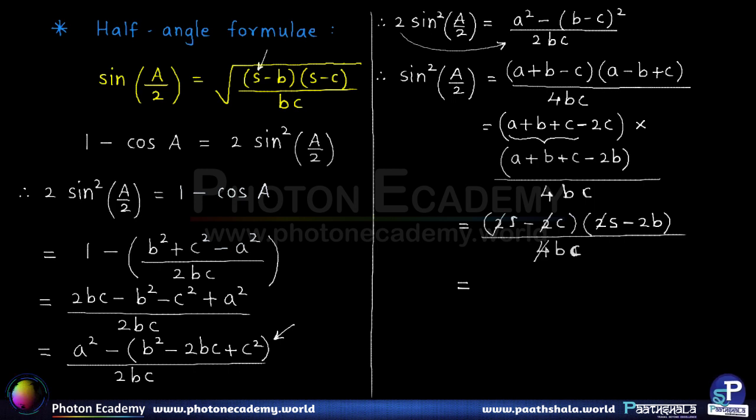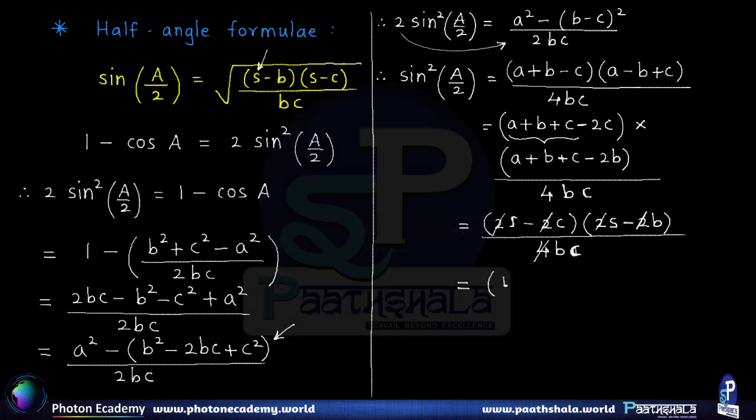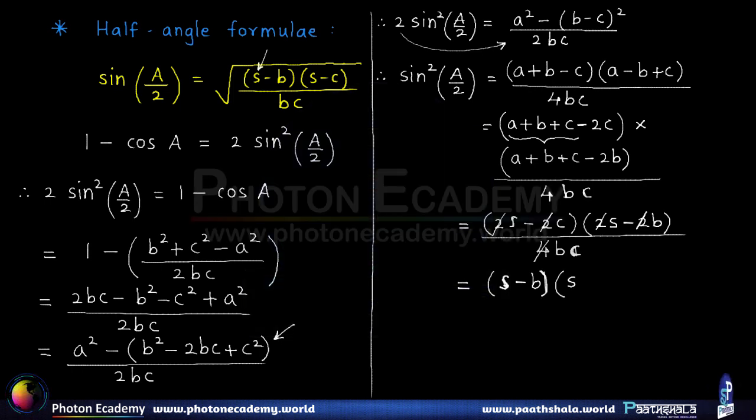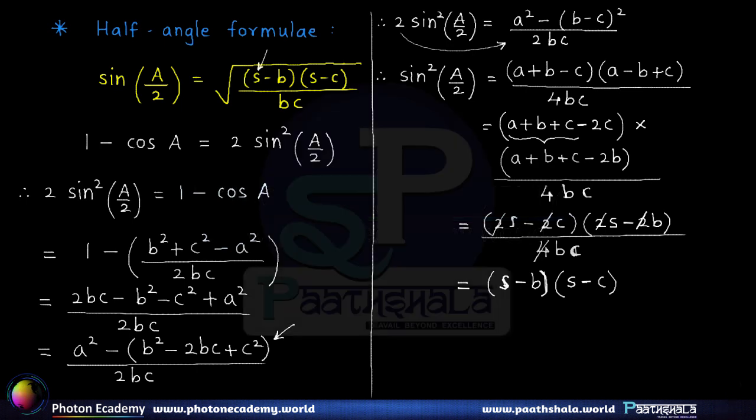So finally we are left with, exchanging the terms in the numerator, s minus b as the first term into s minus c as the second term, whole divided by b into c.